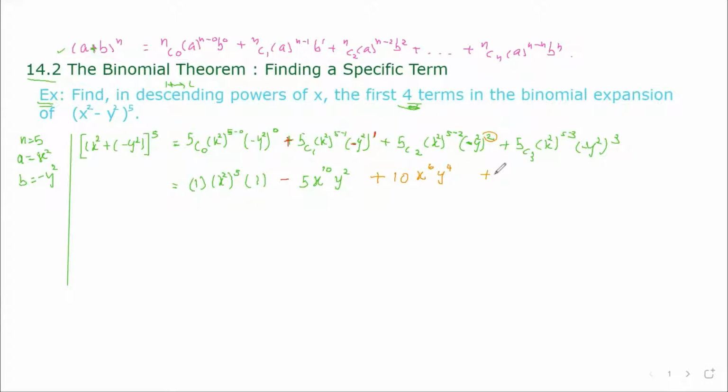Use the calculator, 5C3 is 10, and x^2 to the power 5 minus 3, which is 2, becomes x^4. And then this one, again, this index is what?